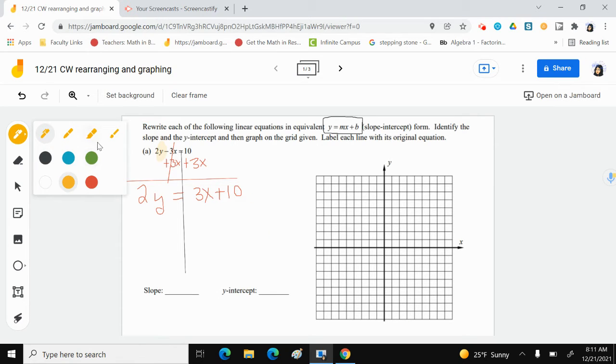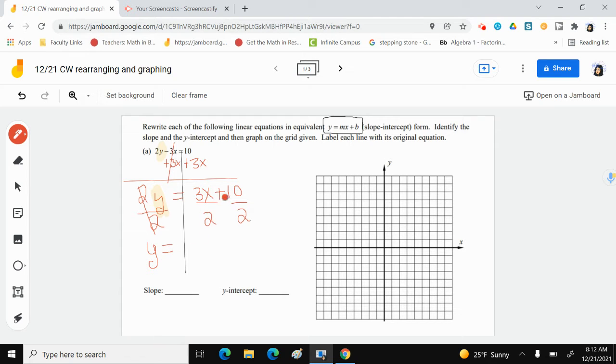Now again, trying to get this y all by itself. This is 2y, so that must mean that they're connected by multiplication. So the opposite of multiplication is division. Everything on this right-hand side is getting divided by 2. So this is going to cancel. So now I'm left with y equals.